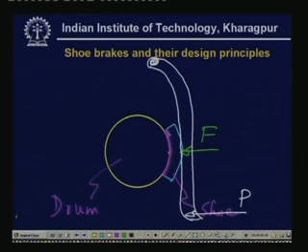Now, this friction force is acting over here, and the line of action of this friction force may or may not pass through the fulcrum point. So, let us consider that it does not pass through the fulcrum point, and there is an offset E between the two lines as I have drawn here. If you look carefully into, or study, the free body diagram of this lever, what we can see is the following.